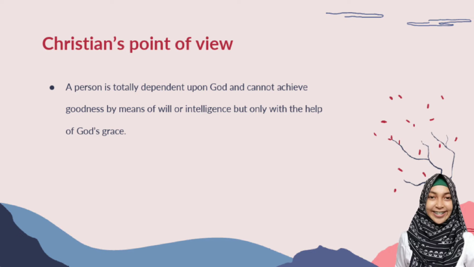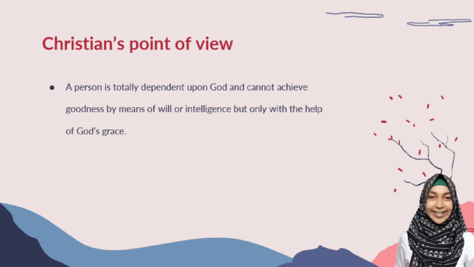So it is completely opposite because, as we all know, there may be many religions, but they have one similarity, which is that they are dependent on God and they believe in religious beliefs and practices.